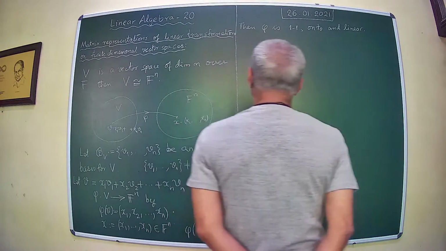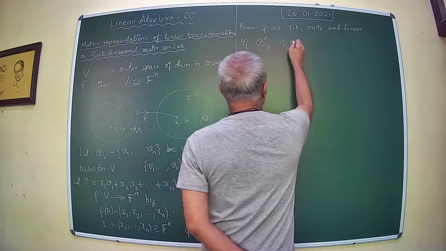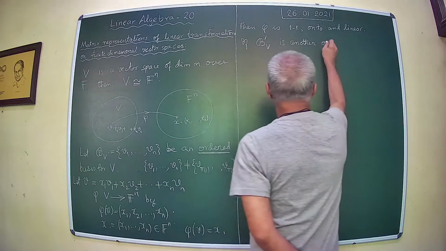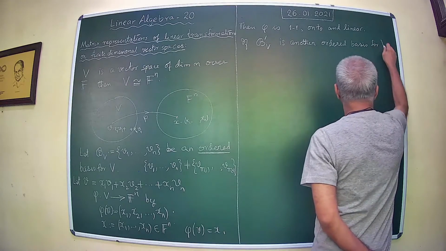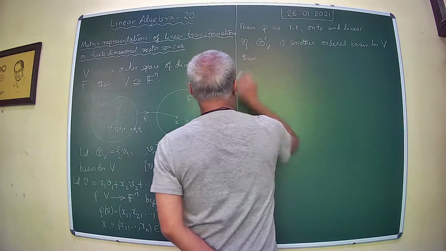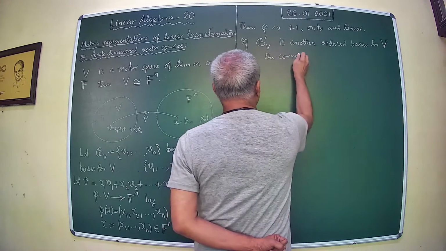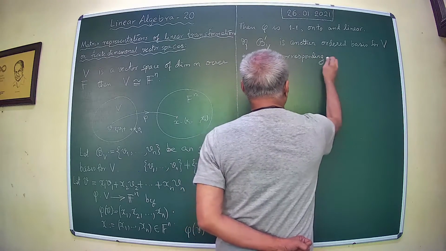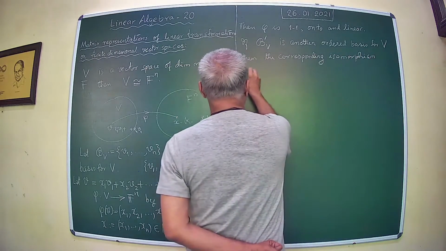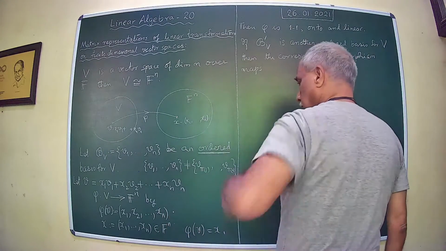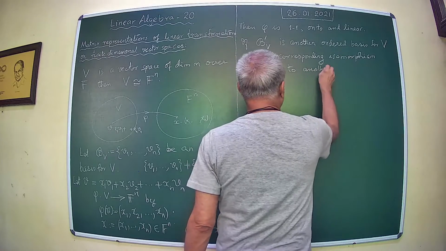Now the important point is this: if B prime V is another ordered basis of V, then the corresponding isomorphism maps v to another entity.